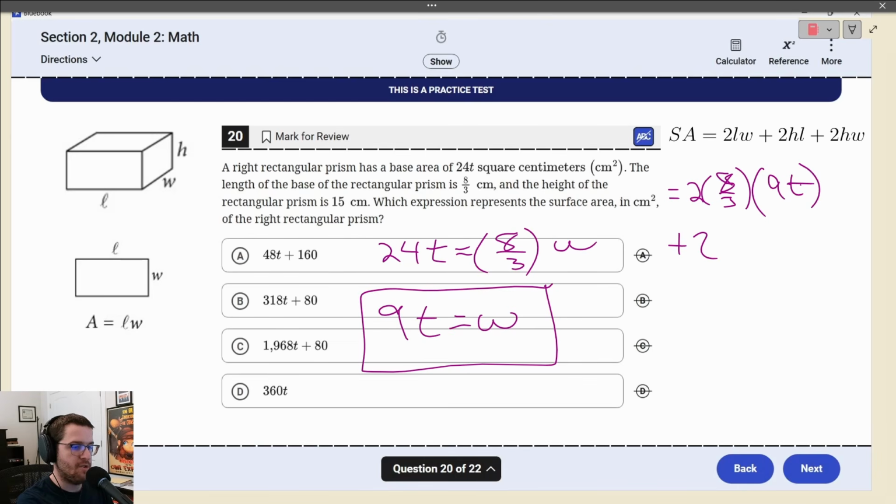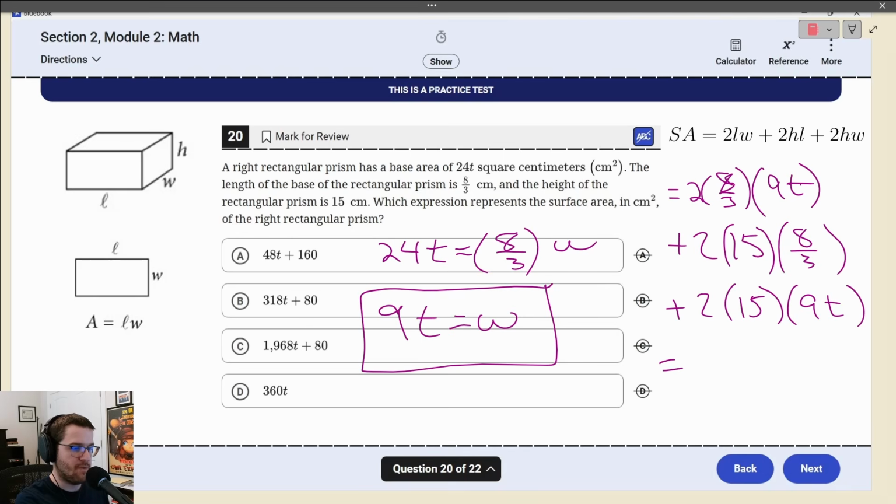We got plus 2 height times length. Well, they said the height was 15. And the length is, we said 8/3. And then we got plus 2 times height times width. So the height is 15. And the width is what we said again, 9t.